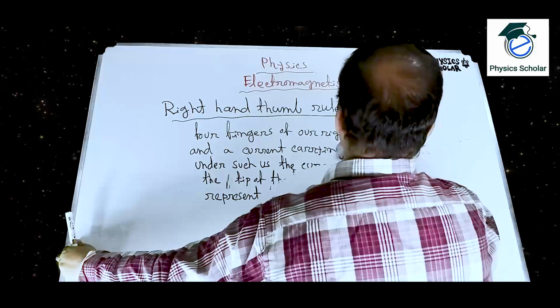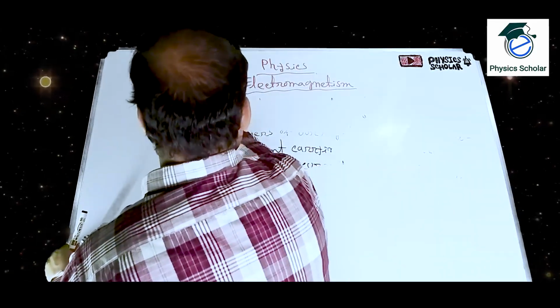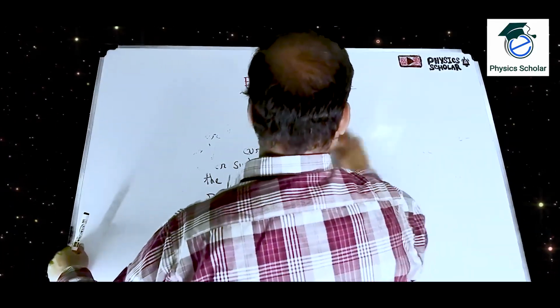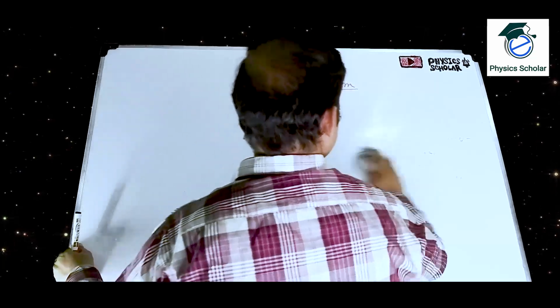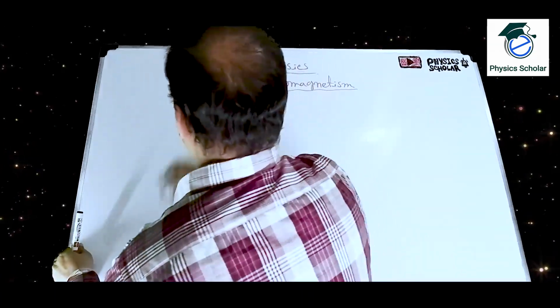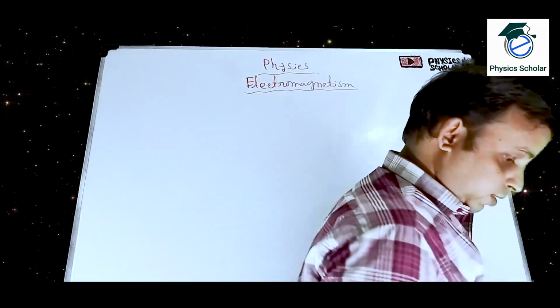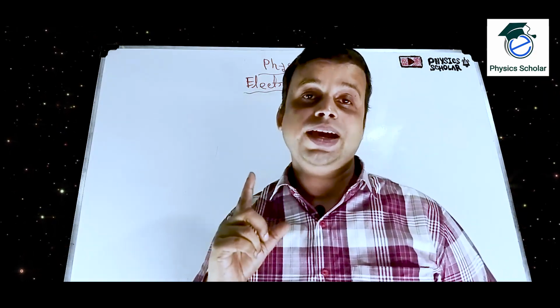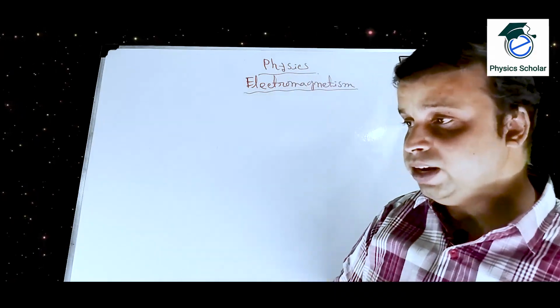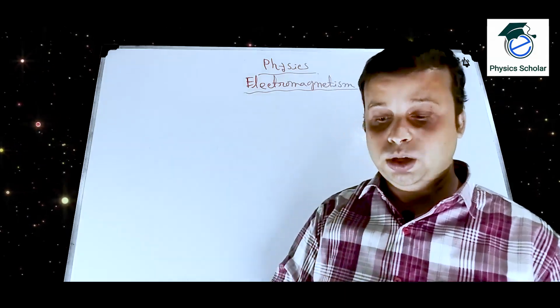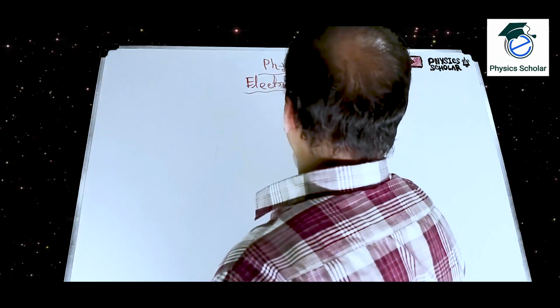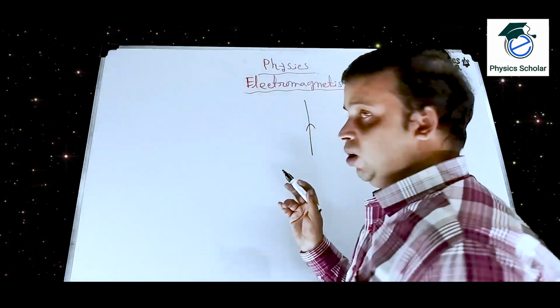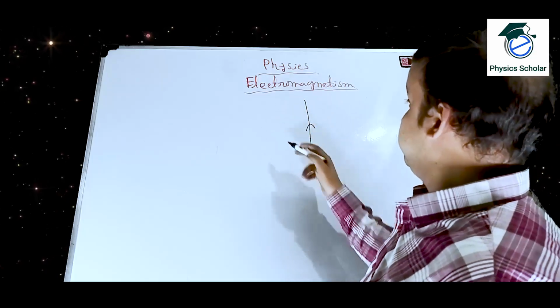Now the next topic. What we come to know is that the magnetic line of force is there. When a conductor is carrying a current, then an electric field will be generated.